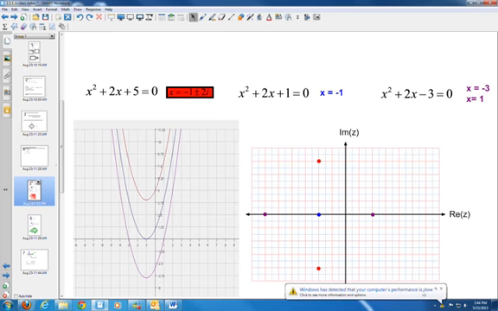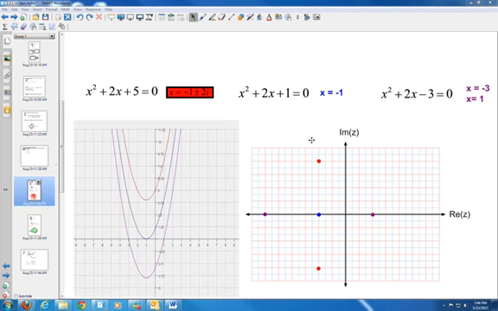Then you see the double root given here. And lastly, you see the last equation that has the two real solutions. Again, you can see that they're -3 and 1. What you'll see is that as the constant term increases from -3 to 1, solutions move inward towards x equals -1.